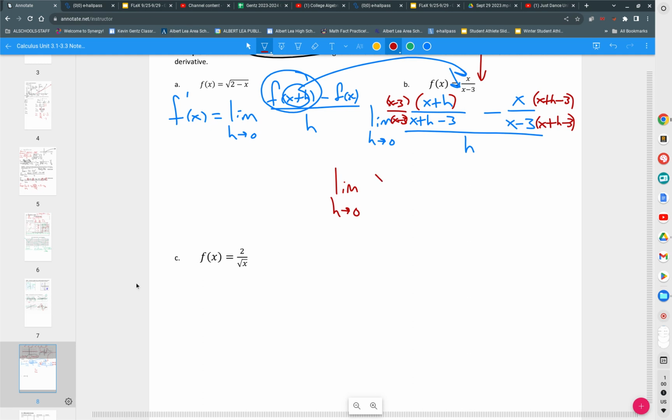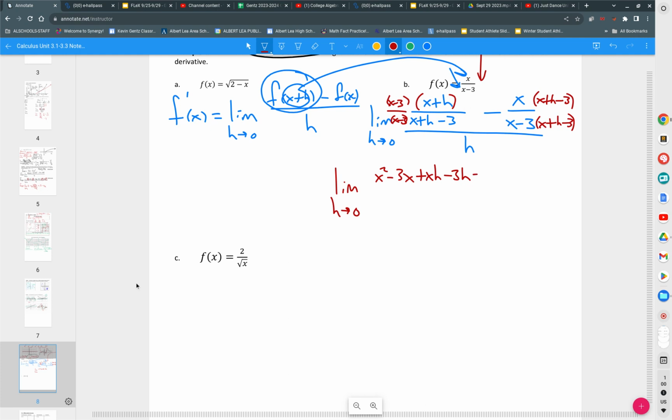X squared, plus xh, minus 3x, minus 3h. Am I okay with that? Okay, and then do I distribute x or negative x?